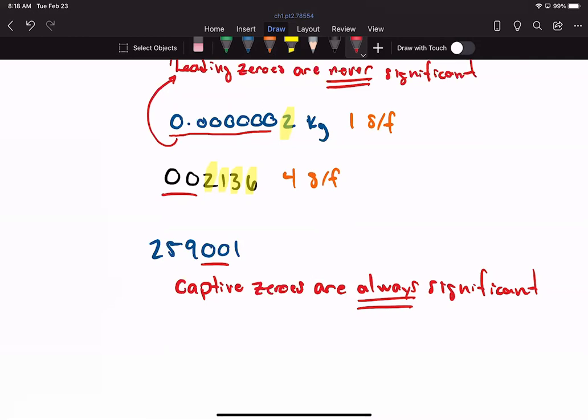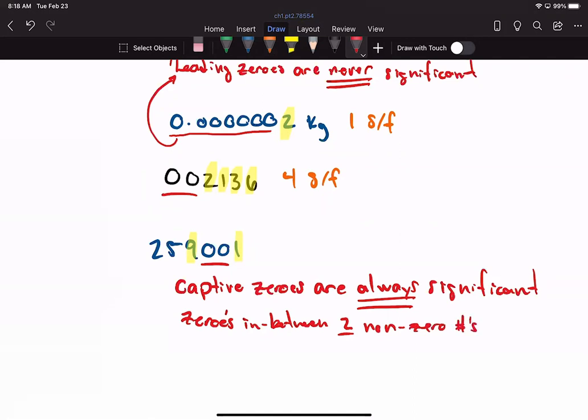These are zeros that are in between two non-zero numbers, right? Zeros that are between, and let me write that down. So zeros in between two non-zero numbers, right?